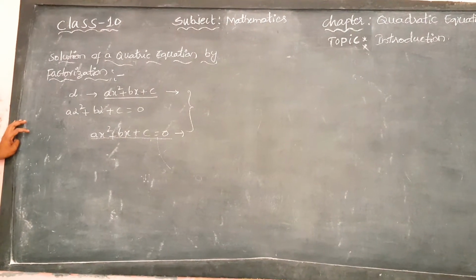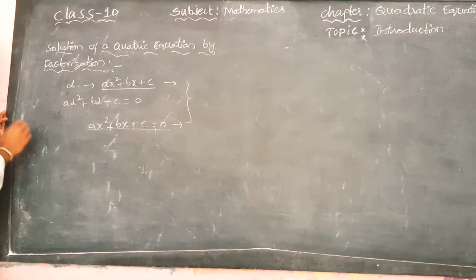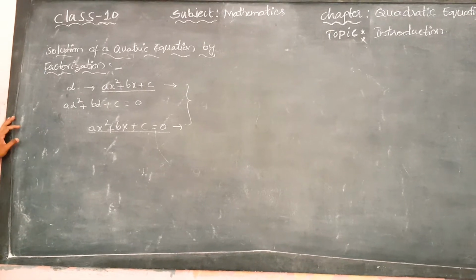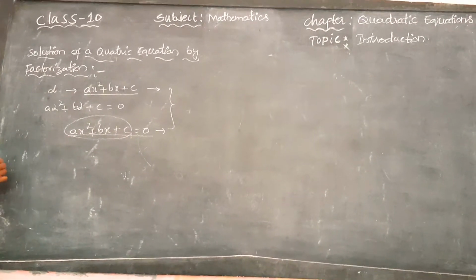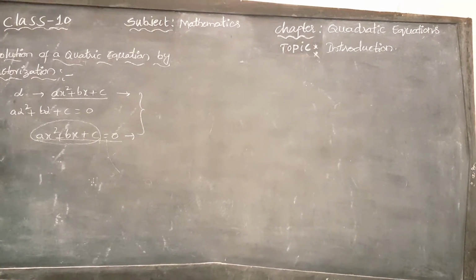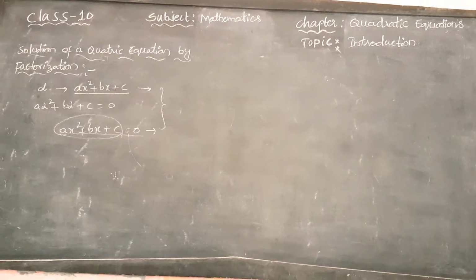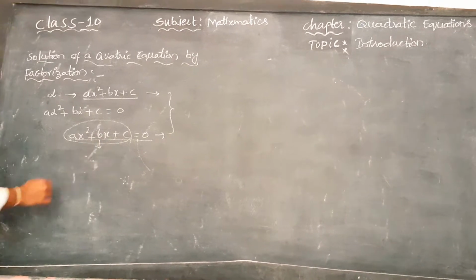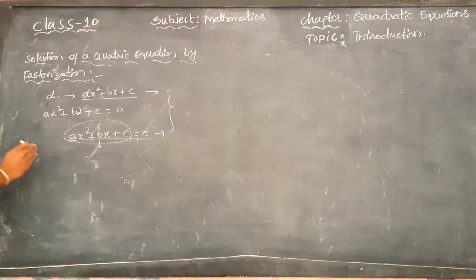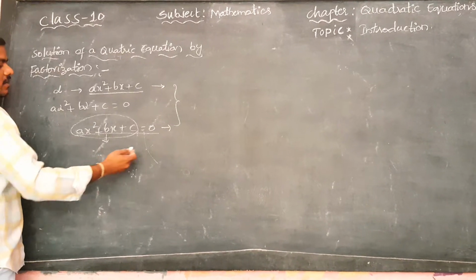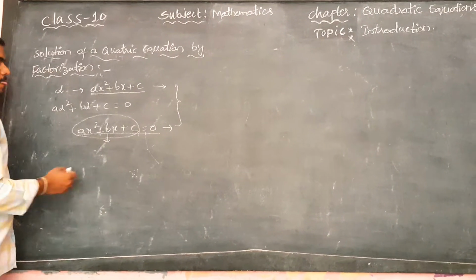If we can factorize the quadratic equation into two linear products, so a quadratic equation can be written as two linear factors, then each factor must be equal to 0.